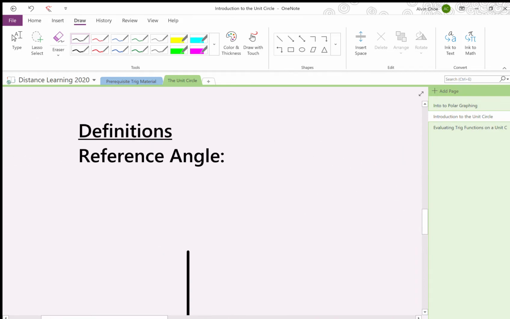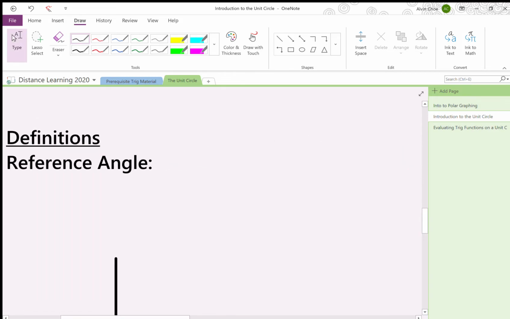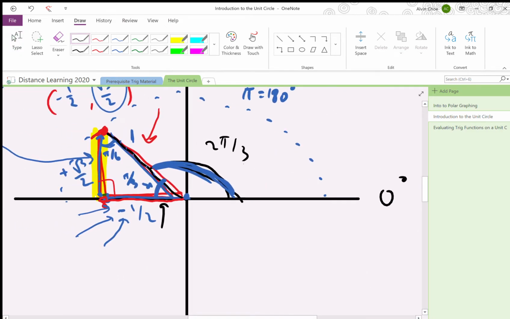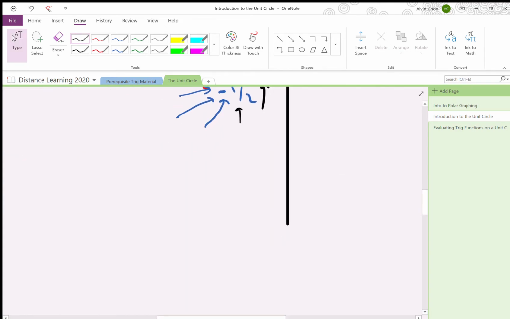Over here, the reference angle is the angle you're actually using in your special right triangle, or not even special, but it's the actual angle you're using in your reference triangle. So over here, when we had 2 pi over 3, 2 pi over 3 was not a reference angle. 2 pi over 3 is the angle we're actually trying to find. The reference angle is pi over 3 because this was the angle we referred to do all of our side length measurements. Without pi over 3, we would never have known that was negative 1/2.